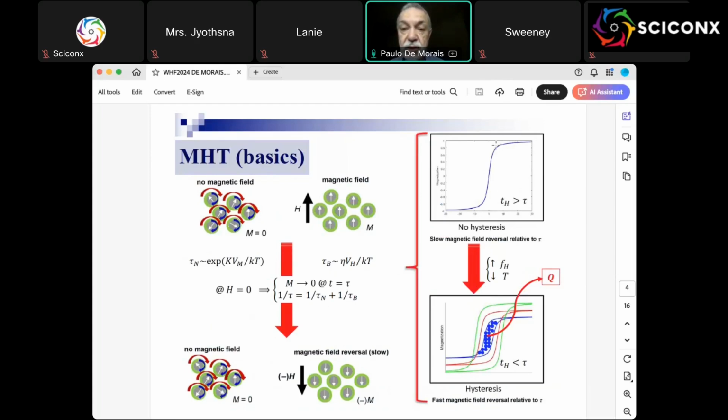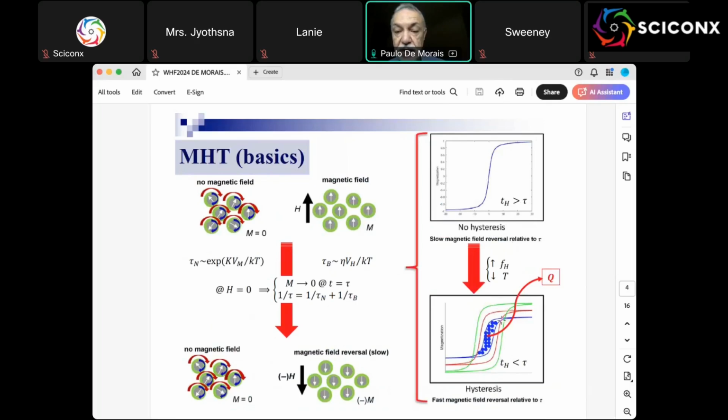And you see a hysteresis curve like the upper plot here. However, if the typical reversal time of the external field is smaller than the typical relaxation time, the hysteresis curve just opens up, like I can show you here in the lower part of my slide.